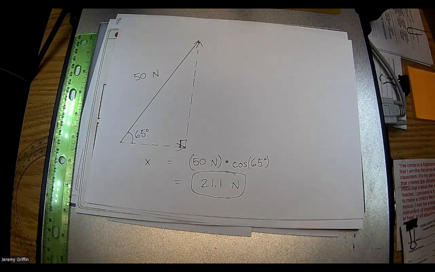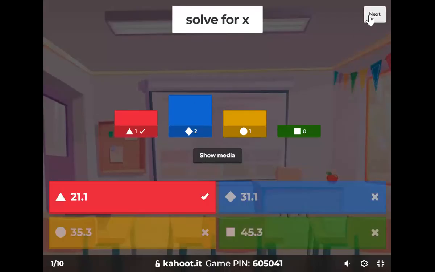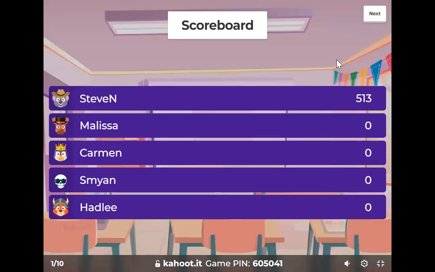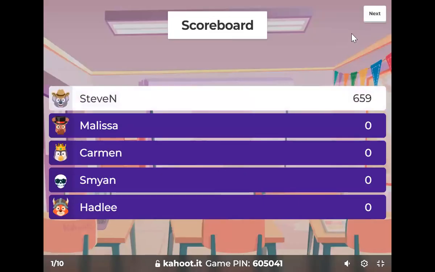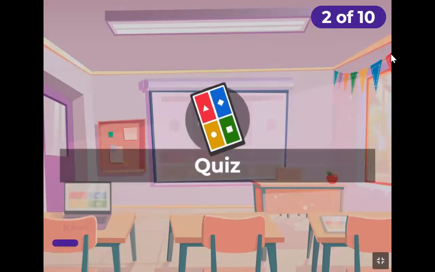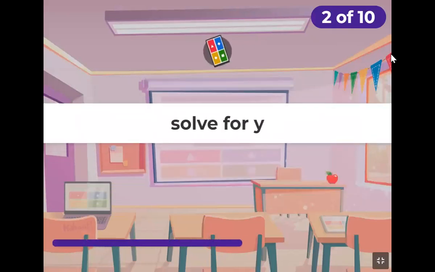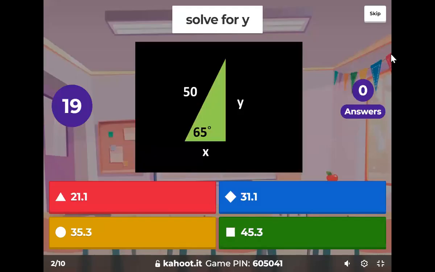Flip back over here. Oh, short time. Let's see who got the points on that. Oh, Steven got the points. Solve for y. Hey, it's the same triangle.